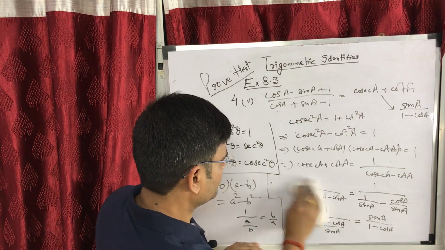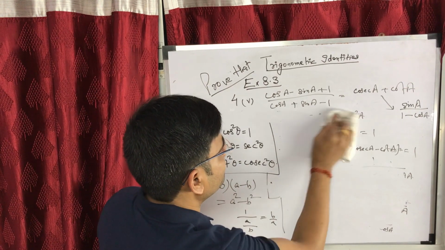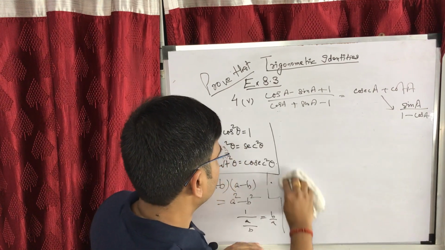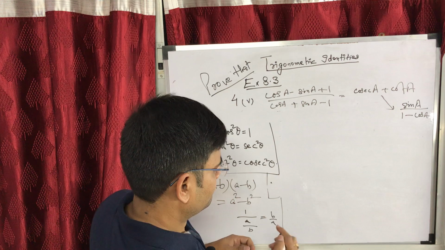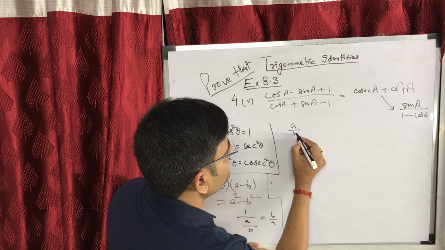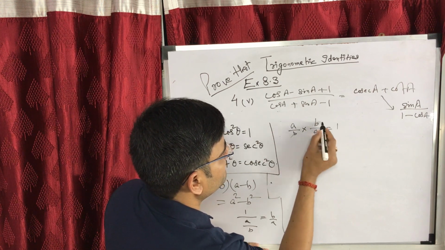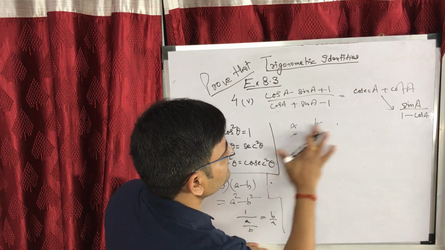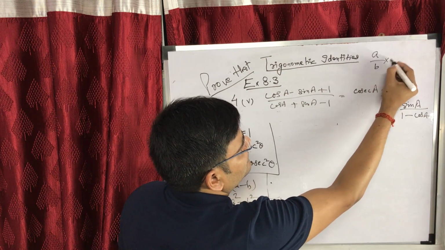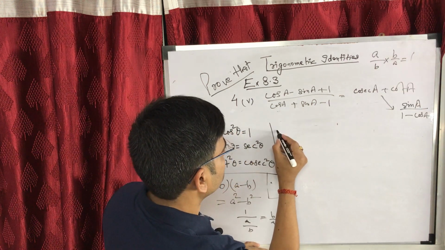Now we will pick up the other side. See, A by B into B by A is 1. So that is why I am writing it here.